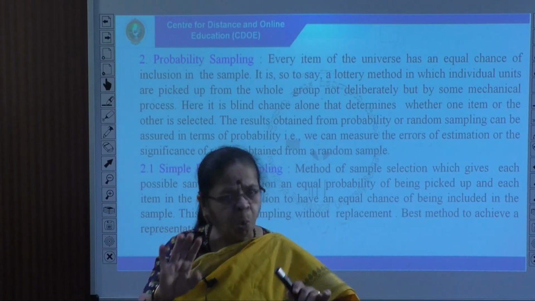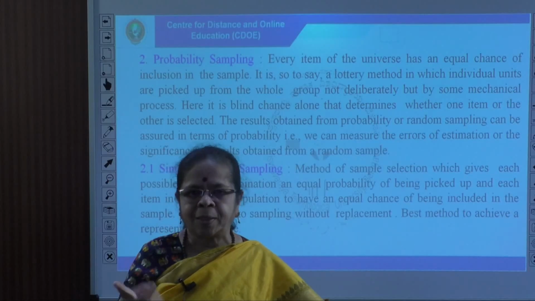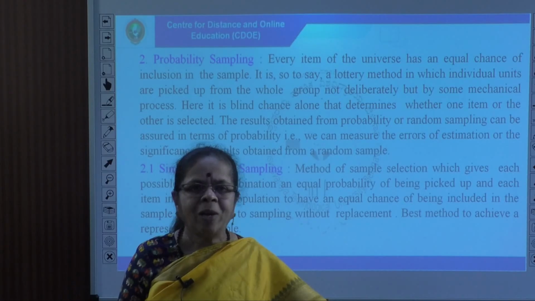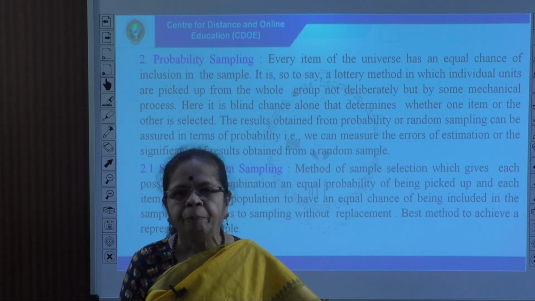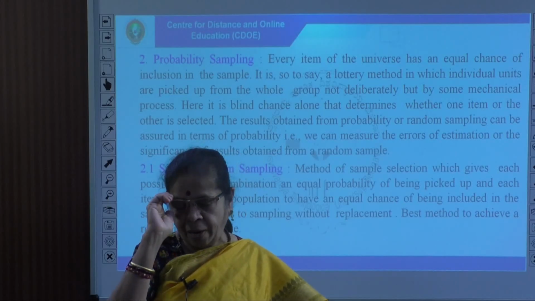Supposing I have a bag of balls, very easy for you to see. Let us say for my study I have to choose 2 balls, okay, 2 balls. So, let us say there are 10 colors, okay. Now, what do I do? I pick up, so how many combinations will I have?